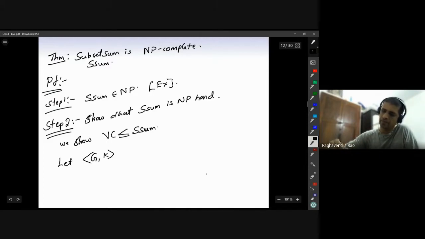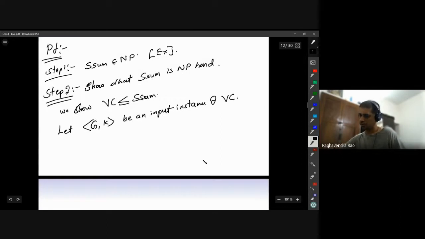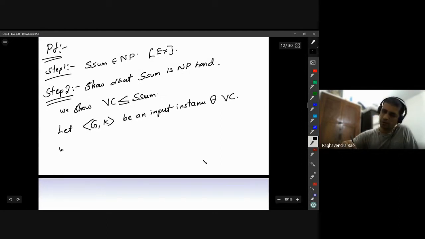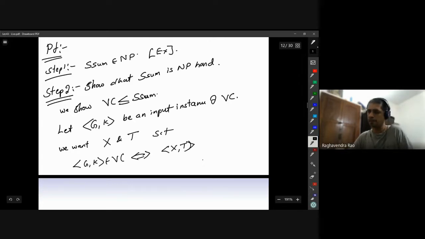Let G, k be an input instance of vertex cover. We need to transform it. We want an x and t such that G, k is a yes instance of vertex cover if and only if x, t is in subset sum. Remember x is a set of non-negative numbers and t is a value.